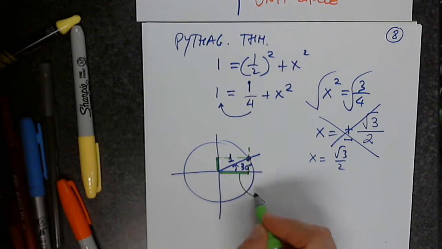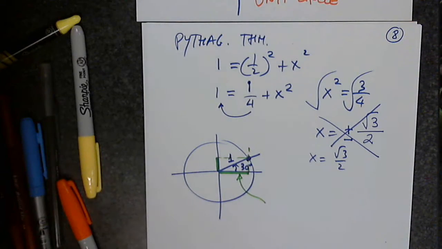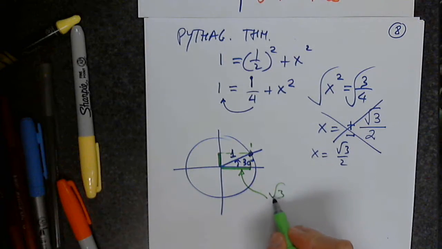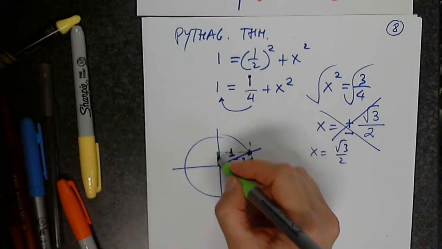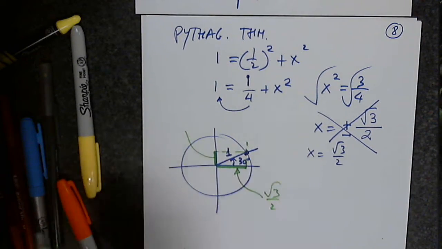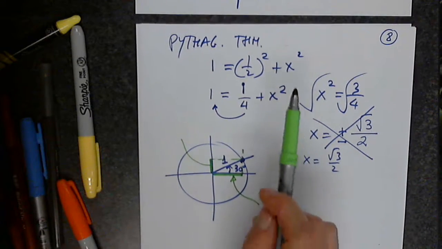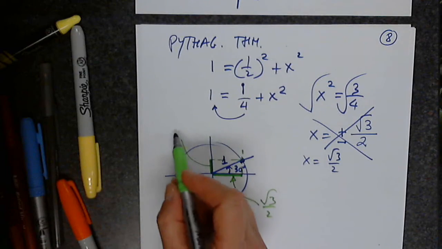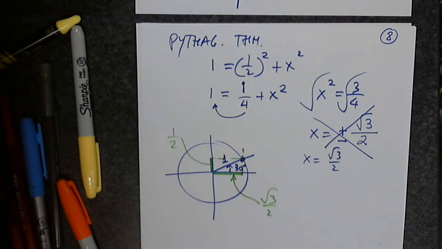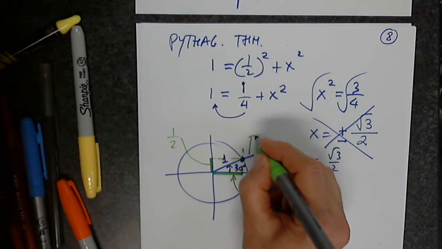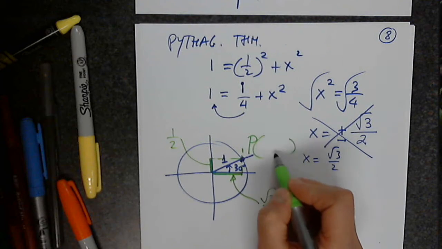How much is x? We just determined it. Square root of 3 over 2. How much is y for a 30-degree angle? 1/2. We already know that. It's half of the hypotenuse. Good. So can anyone give us the coordinates of this point P now?